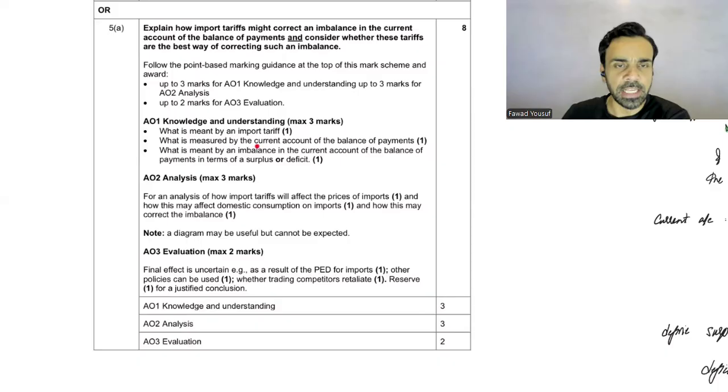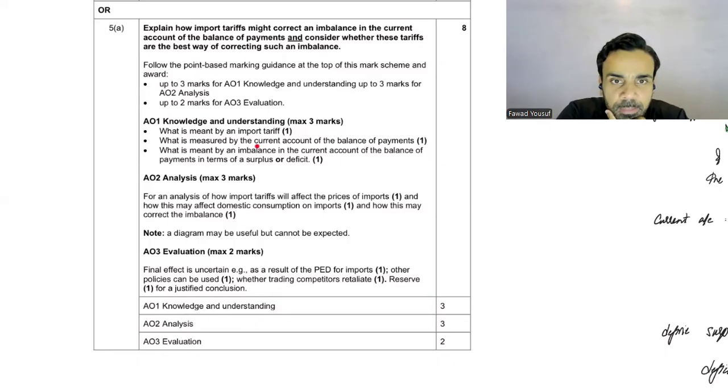फिर उसके बाद they're saying over here for an analysis of how import tariffs will affect the prices of imports, how it will, that's a weird thing to say. But उसकी explanation, I think that is all you have to do, the explanation of it, import tariffs, but how this may affect when the price goes up, obviously the consumption falls, and how this may correct the imbalance.